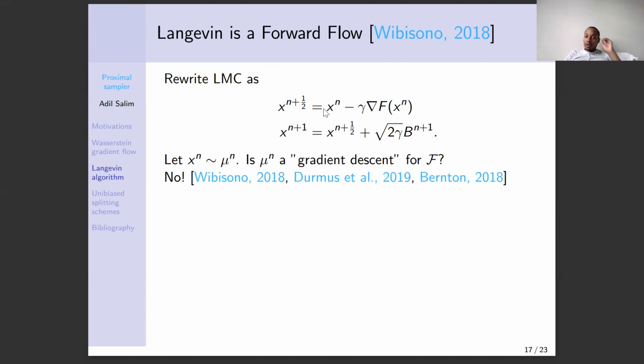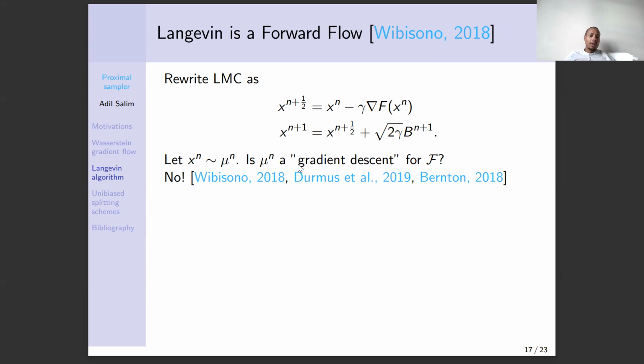If I rewrite the Langevin Monte Carlo iterations as follows, I introduce an intermediate variable X_{n+1/2}, which corresponds to just performing the gradient descent step using the gradient of f, and then X_{n+1} is obtained by adding some Gaussian noise to X_{n+1/2}. Then I look at mu_n. Once again I take the dual point of view, where instead of looking at the random variables, I look at the distributions. So I look at mu_n, the distribution of X_n, and is mu_n a kind of gradient descent for f? And the answer is no.